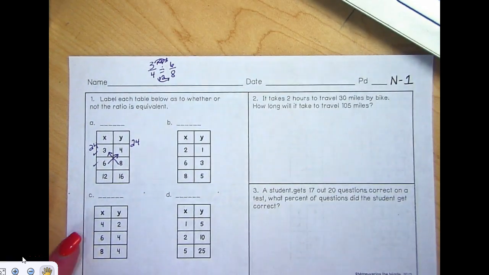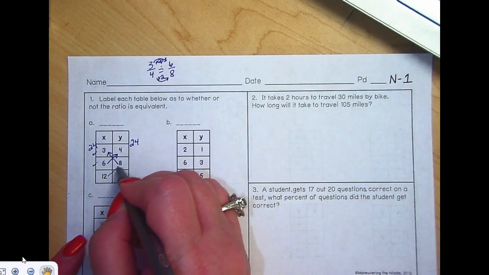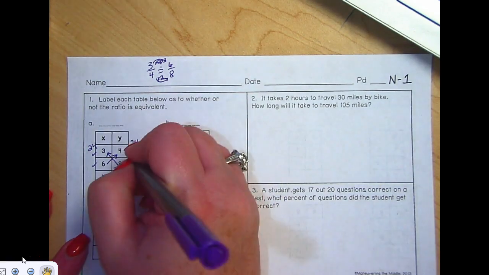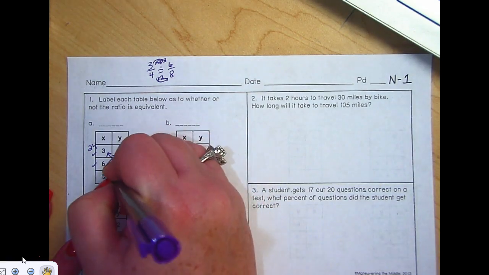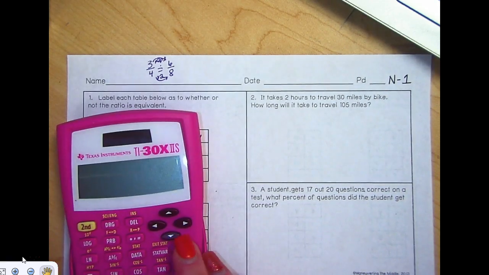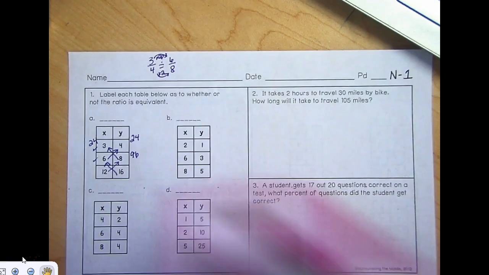And now I need to check and see if these bottom two are. What is 8 times 12? 96. And what is 16 times 6? You also get 96.